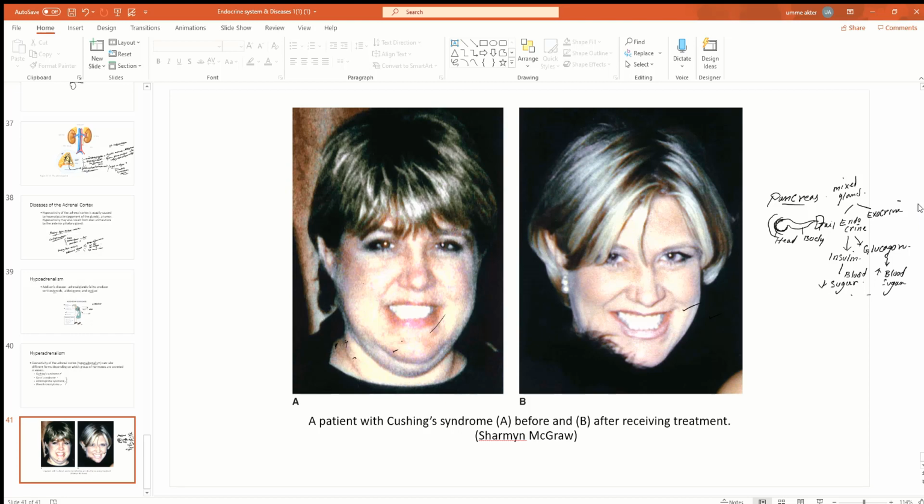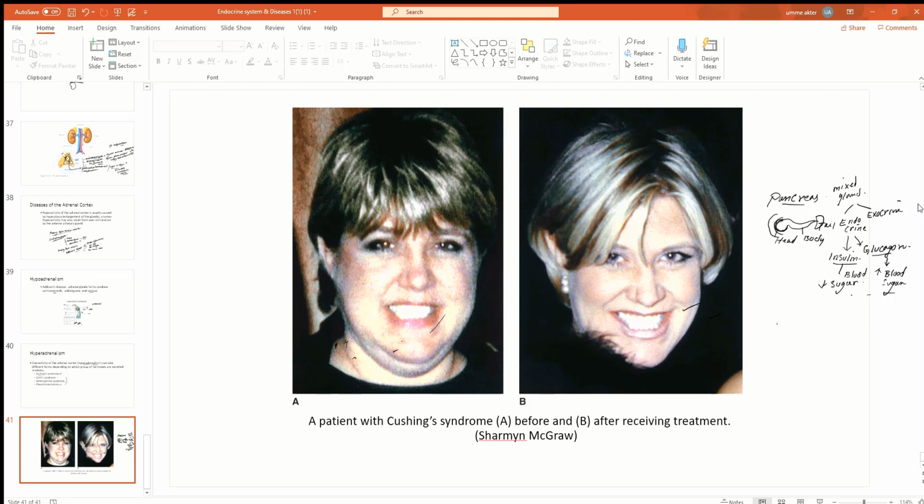So if you eat a heavy meal, your blood sugar will go up right after your meal. So insulin will be released more after your meal. And if you are starving, you're not getting glucose from outside, then glucagon will be released more to increase the blood sugar. Okay, so both are important.